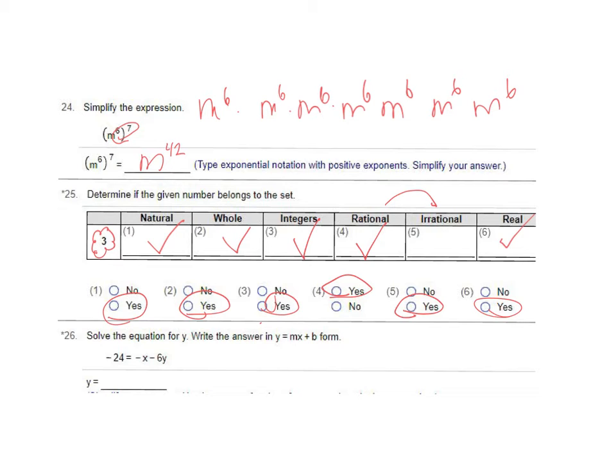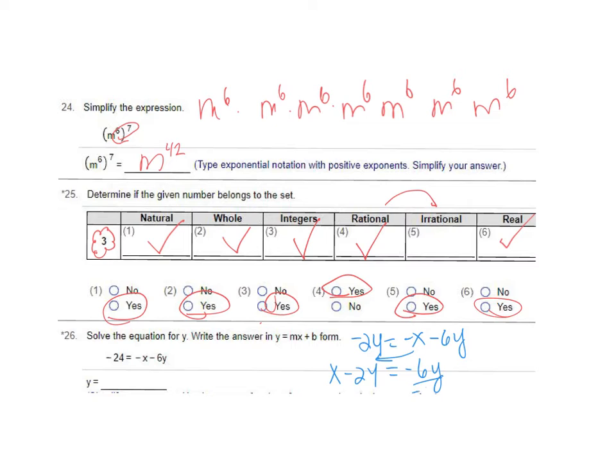The next one asks us to solve the equation for y, which means we're putting it into slope-intercept form. So I have negative 24 equals negative x minus 6y. If I move the x over to the other side, it would become a positive x.